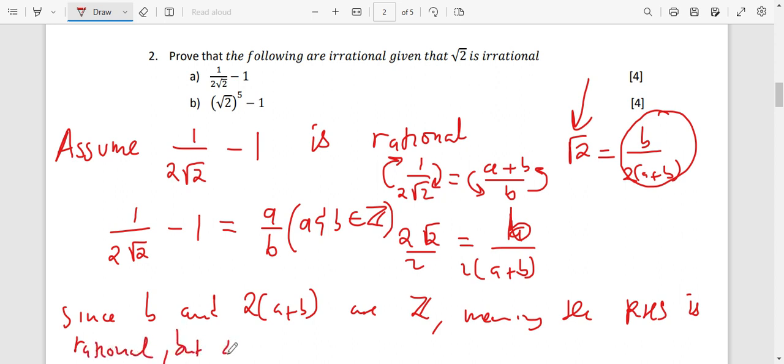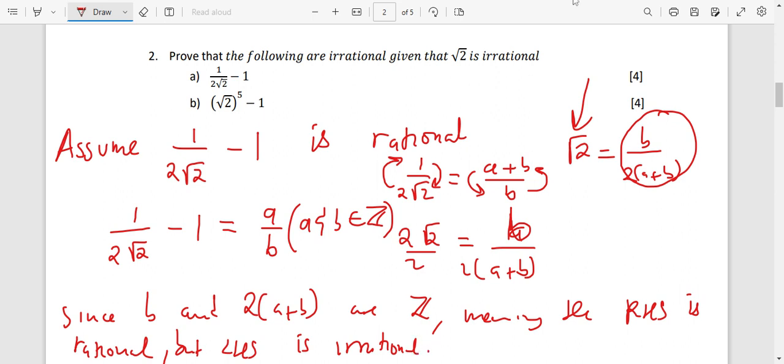But the left hand side is irrational, because we know that square root of 2 is irrational. And you know, an irrational number cannot be equal to a rational number, hence contradicting our assumption. Therefore, 1 over 2 square root of 2 minus 1 is irrational. We've proven.